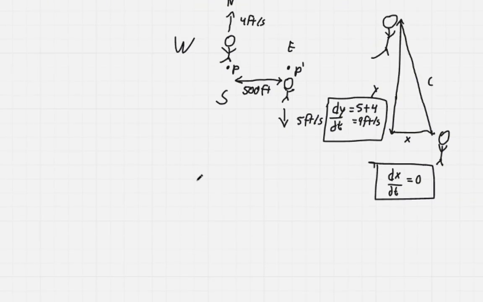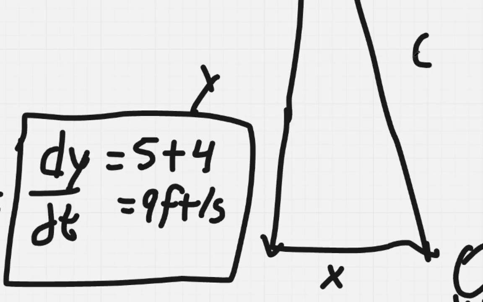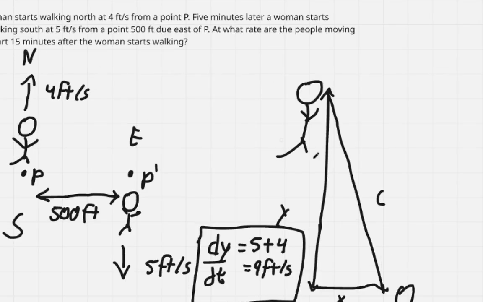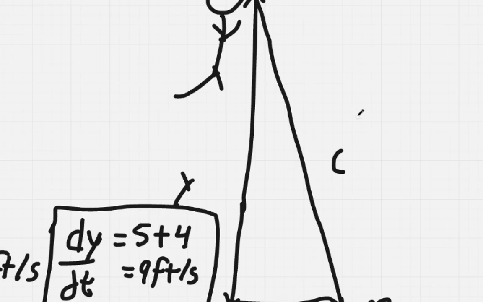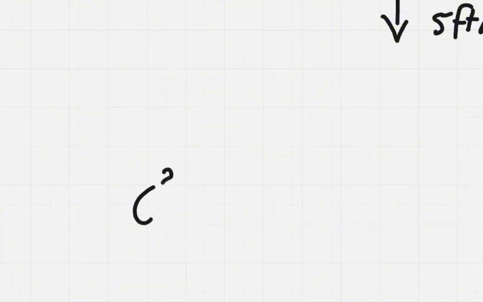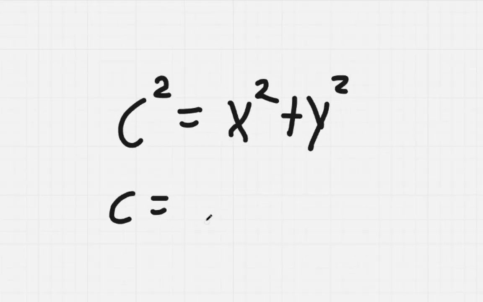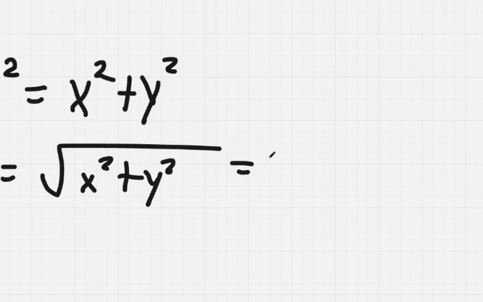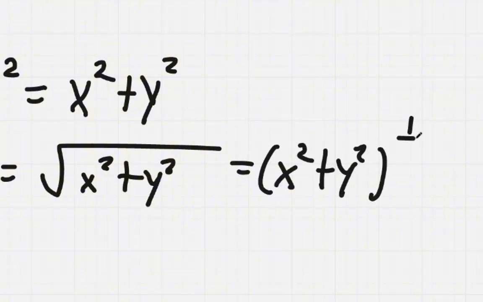Okay, now that we have these, here we want to find C, because C is what we're trying to see. We're trying to see at what rate are the people moving apart, which is this side of the triangle. We know that C squared is equal to x squared plus y squared. C is equal to the root of all this, which is just equal to x squared plus y squared to the 1/2.